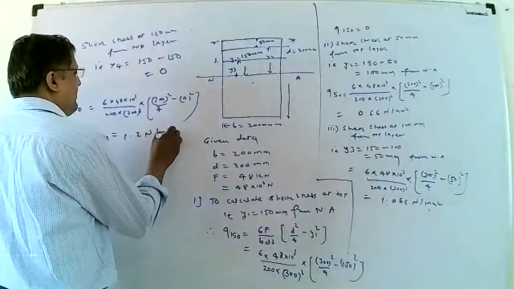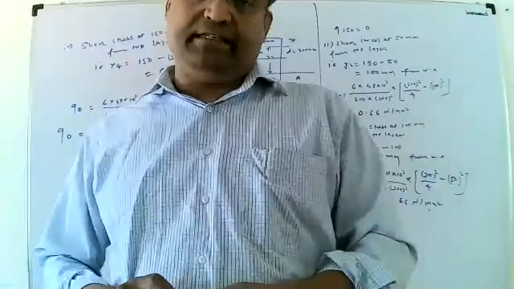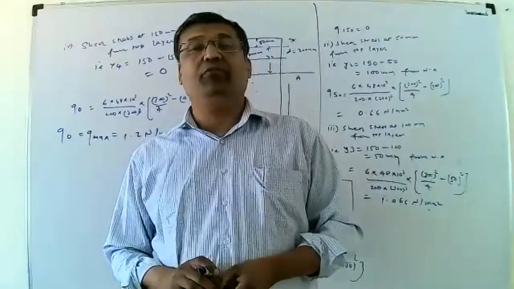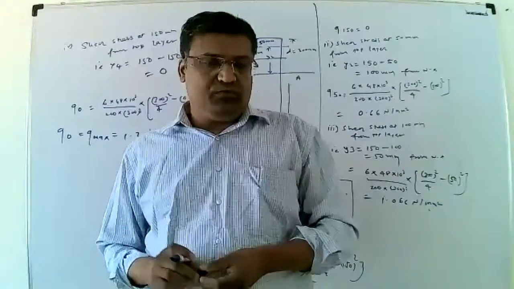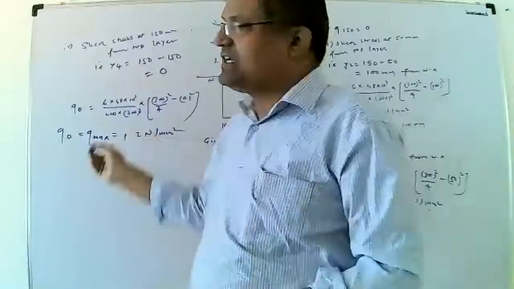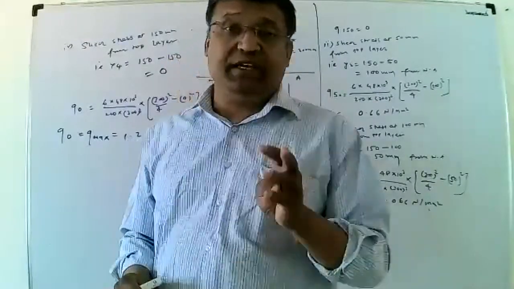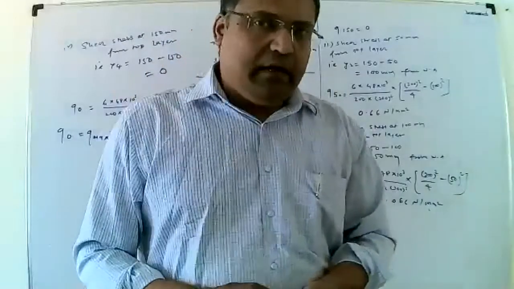Here we calculate shear stress at the neutral axis, which is 0 at 150 mm from the top layer. That will be the maximum stress, because maximum shear stress will be induced at the neutral layer.